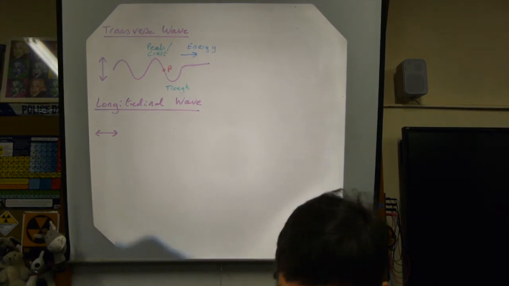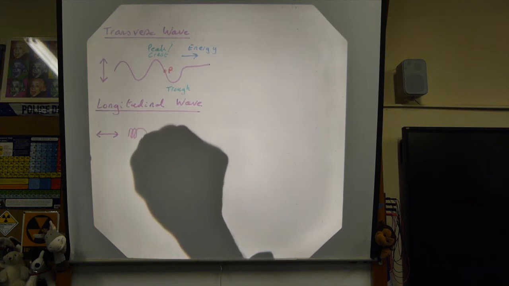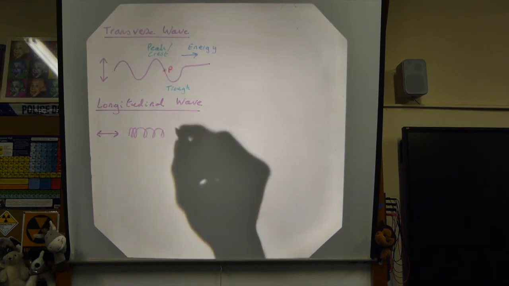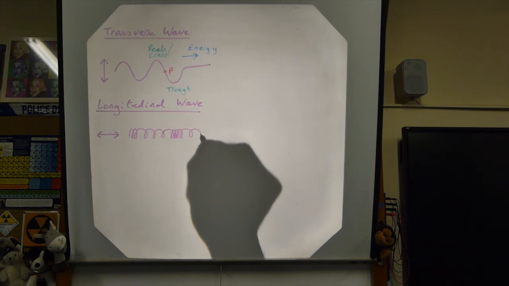Okay. So what happens is you crush up the slinky spring. Then previously you moved backwards and you stretched it out. Then prior to that, you'd moved your hands forwards and crushed it up. And prior to that, you'd stretched it out.